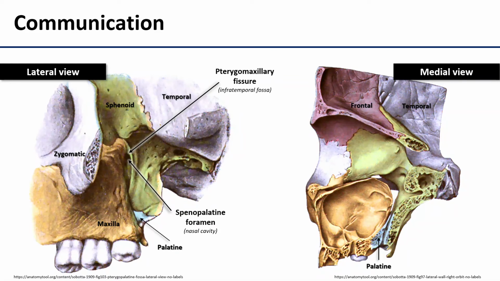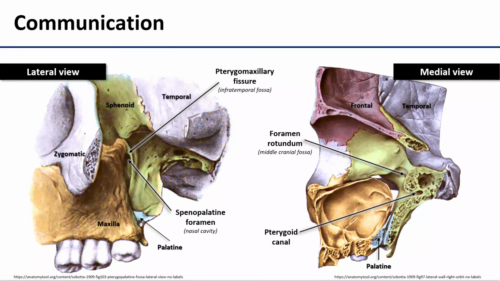All right, posteriorly on the body of the sphenoid, there are two passageways. So we have the foramen rotundum is the more superior of the two, and the pterygoid canal is the more inferior. Hopefully foramen rotundum sounds familiar to you, as that is the passageway that is going to take the maxillary nerve or the maxillary division of trigeminal out of the middle cranial fossa.